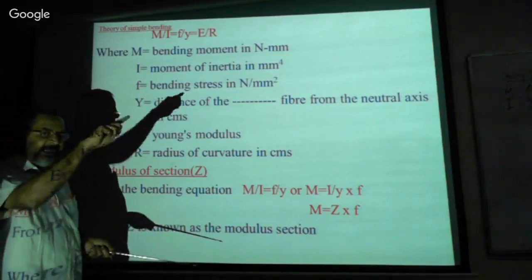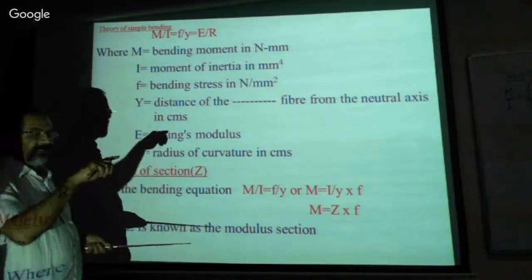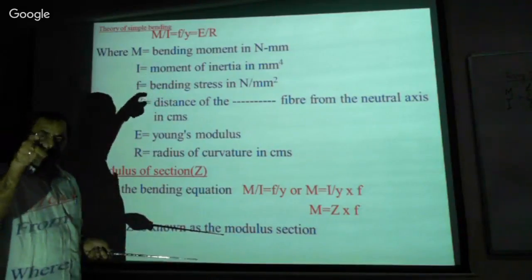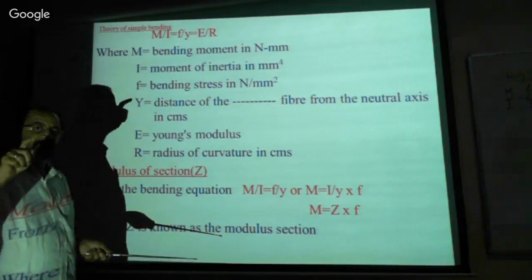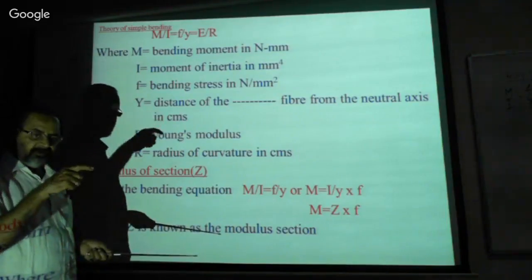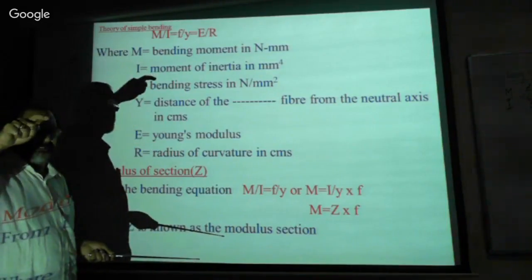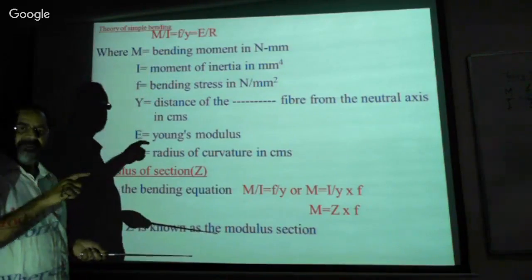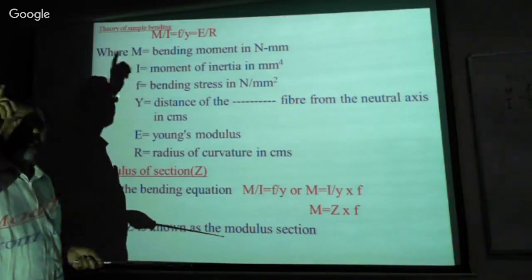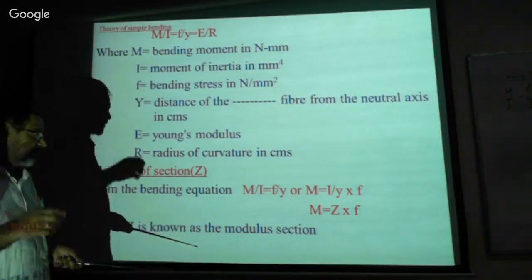The bending moment acts in one direction due to the load and the beam deforms, but we have to design the beam in such a way that we induce the resistance in the opposite direction. Therefore the bending moment must be equal to the moment of resistance.